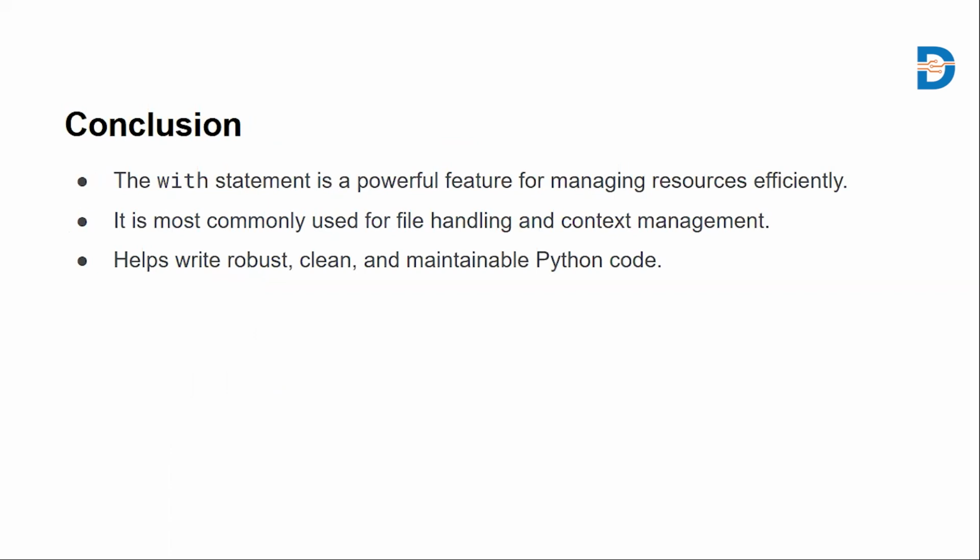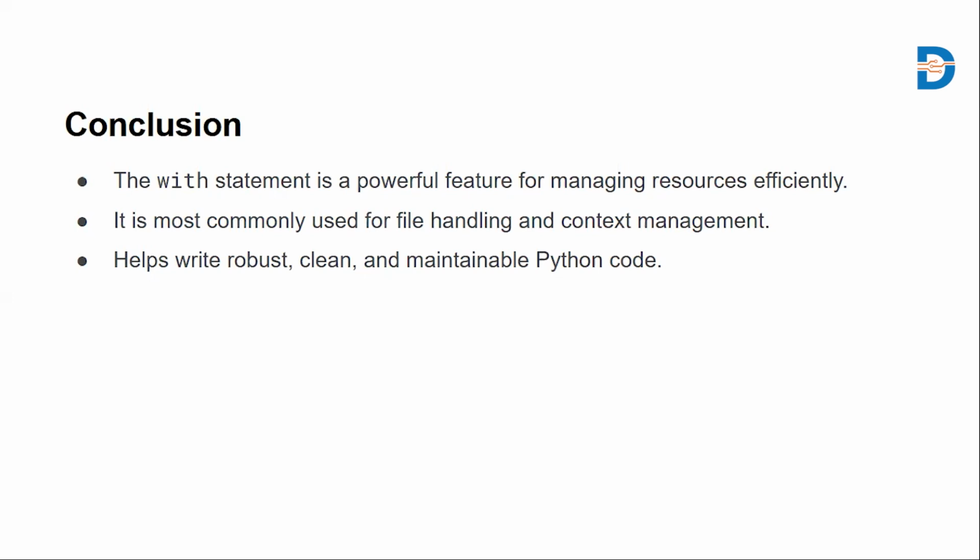To summarize, the with statement in Python is a powerful tool for resource management and exception handling. It is most commonly used with file handling but can be applied to any operation that requires proper resource management, like network connections or database operations. Using the with statement ensures that resources are properly released, leading to cleaner, more readable, and more maintainable code.